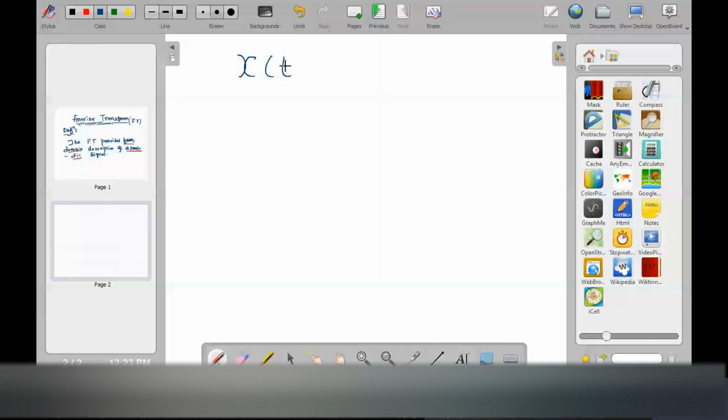What is this x of t? T indicates time. The signal is a time domain signal. For this signal, if I want to calculate its frequency domain, x of f, what is x of f? I want to know.